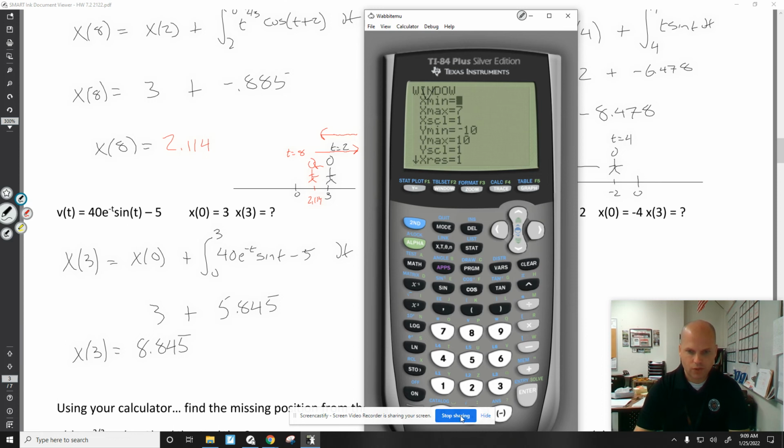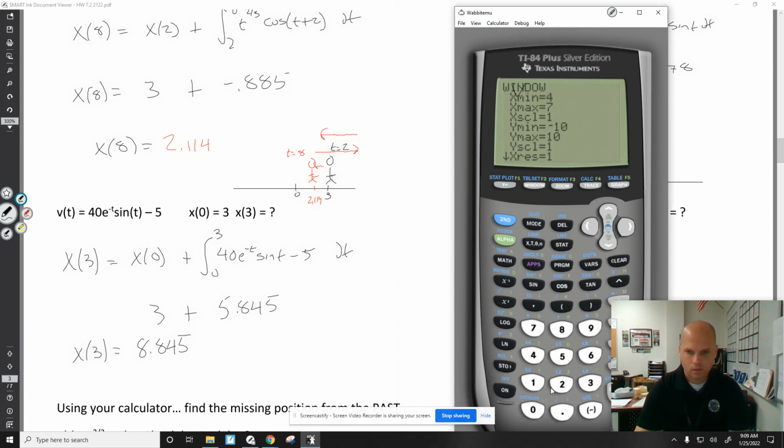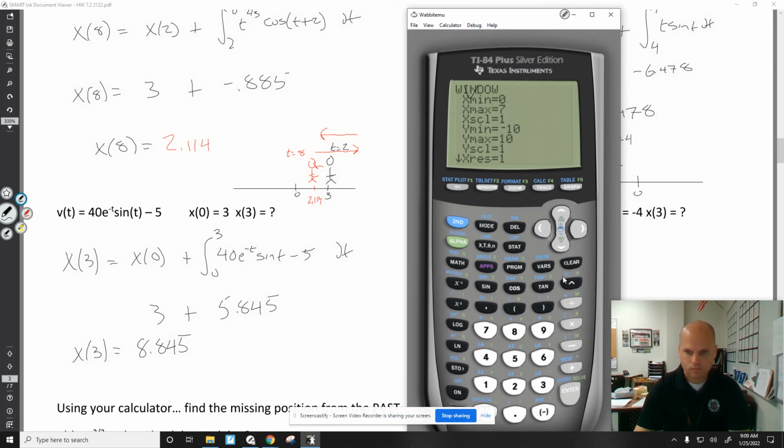This is from 0 to 3. Again, I move to the left a very little because my velocity is negative. I move to the right a bunch. I move to the left a little bit less. My overall displacement is to the right. I started at a position of 3. This is my initial position.